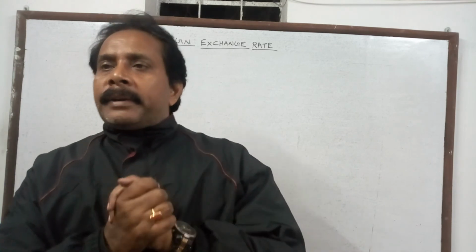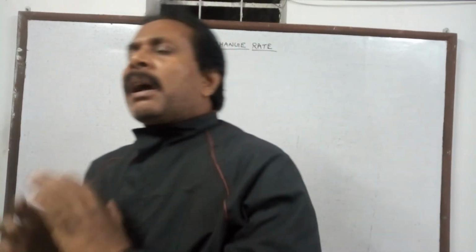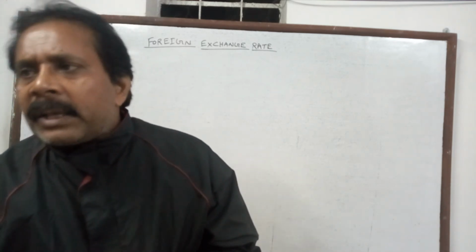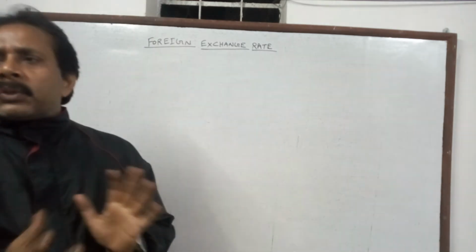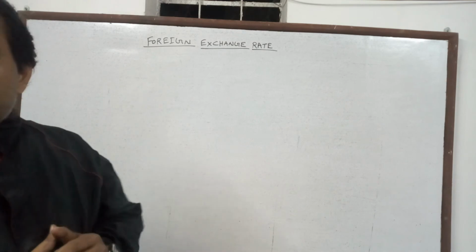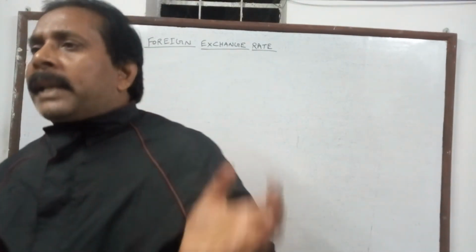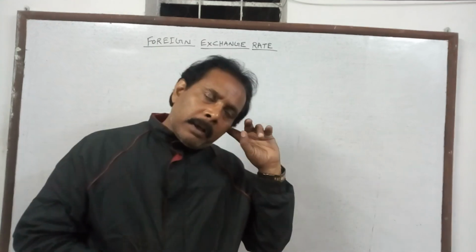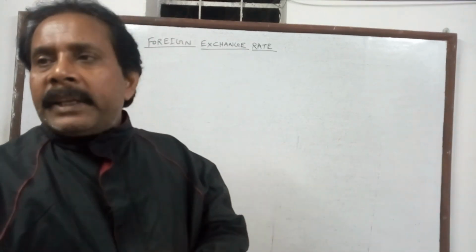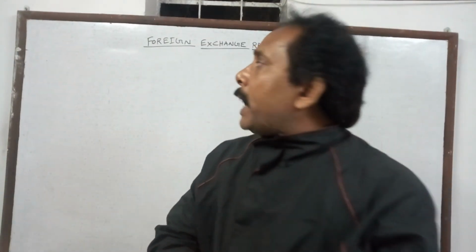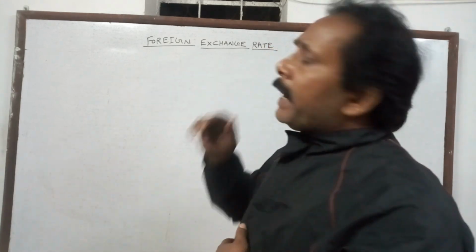So once again, foreign exchange refers to all currencies other than domestic currency of a given country. For example, India's domestic currency is the Indian rupee and all other currencies like US dollar, pound, yen, lira, these are known as foreign exchange.